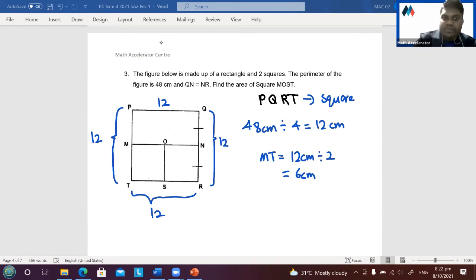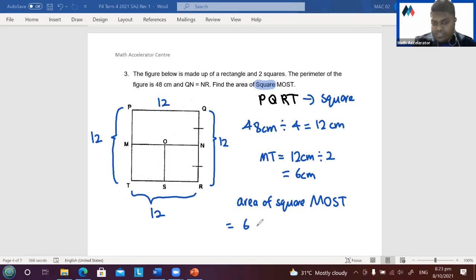So find the area of the, please highlight the word square. A square means all sides are the same, right? So area of square MOST equals the same side multiplied by the same side, length times length.